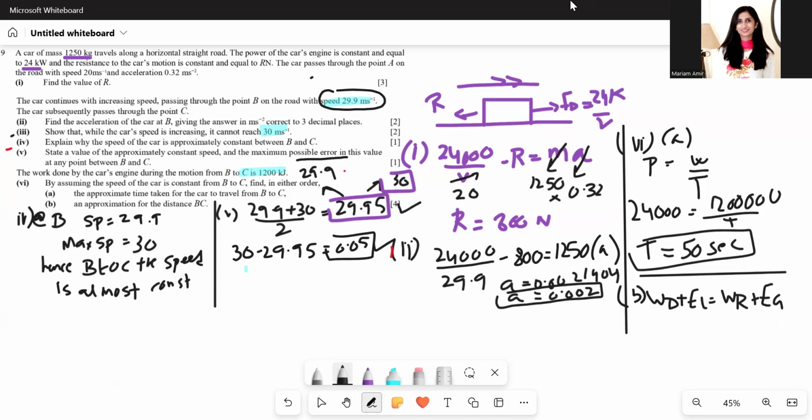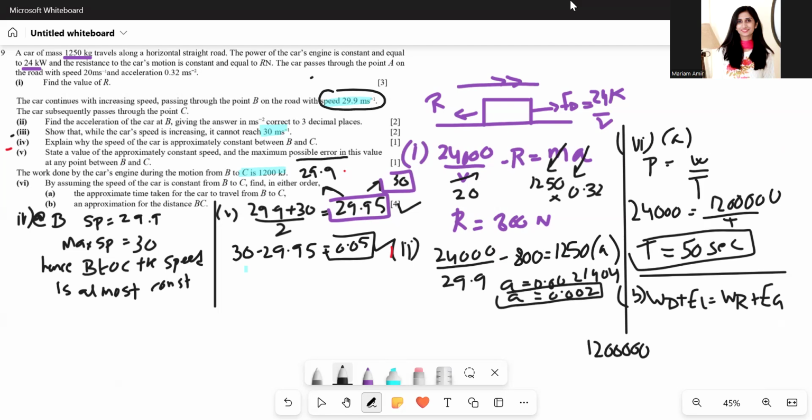Work done by driving force would be this 1,200,000 joules. Loss in energy: the journey is on a horizontal road, so there's no loss in potential energy.